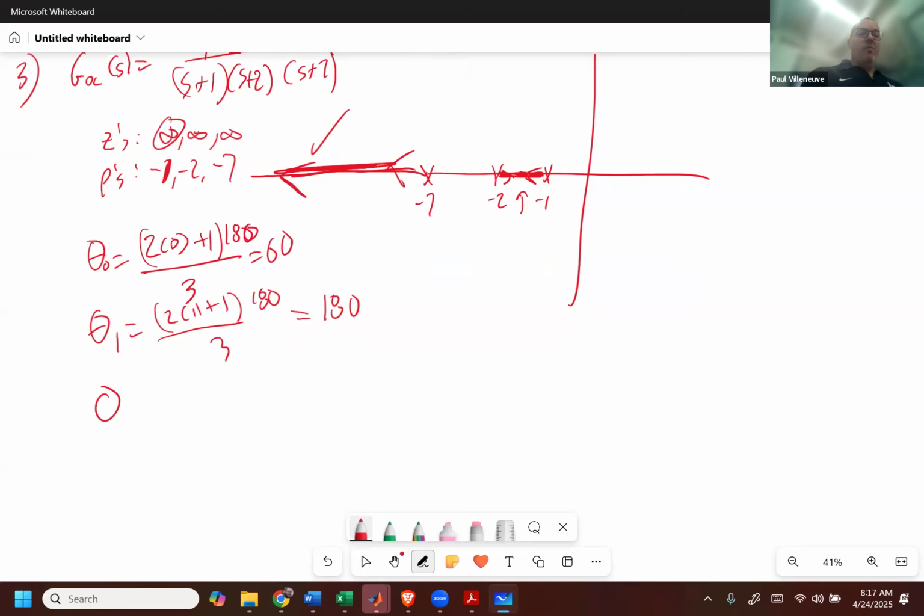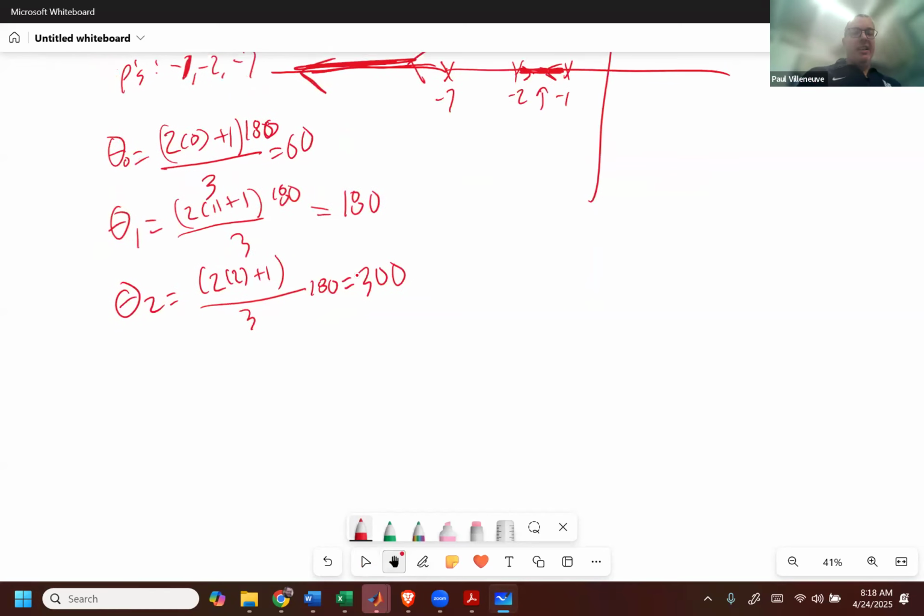We only have 3 asymptotes, so one more: 2 times 2 plus 1 over 3 times 180 gives us 300 degrees. So we have asymptotes at 60, 180, and 300 degrees. It goes up at 60 and down at -60.